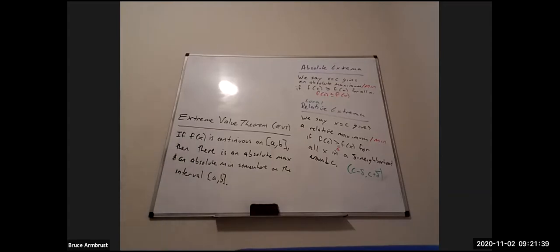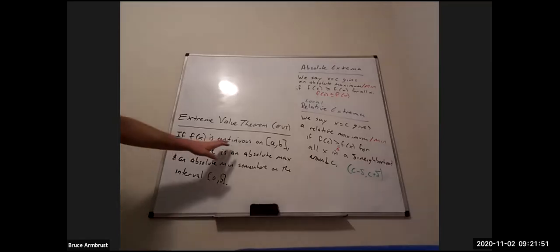Get my shadow out of the way. All right, so just look at what that's saying. So we have to have a continuous function.